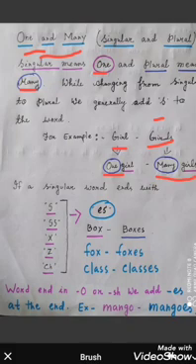Now, let's move to the number 2 point. If a singular word ends with S, SS, X, Z, CH, etc., then we will have to add ES at the end of the word. See the example.